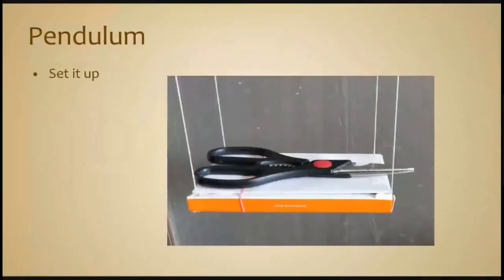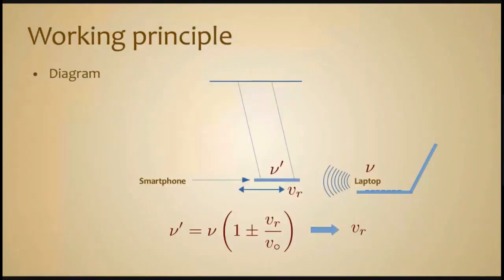What we need is basically a pendulum. The plan is that in the pendulum, the bob will be the smartphone. We'll put the smartphone here, and we will oscillate it, so simply it will go this way or that way. And then sidewise, we'll put a laptop or another smartphone.